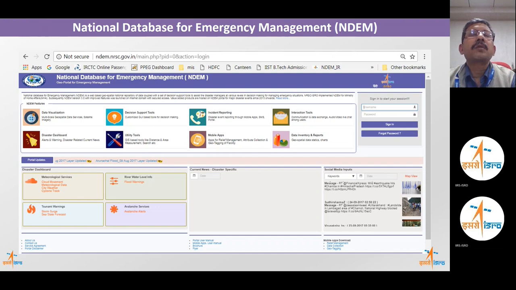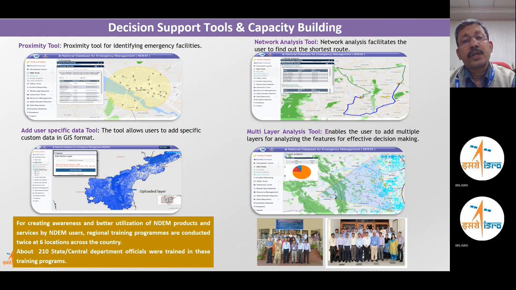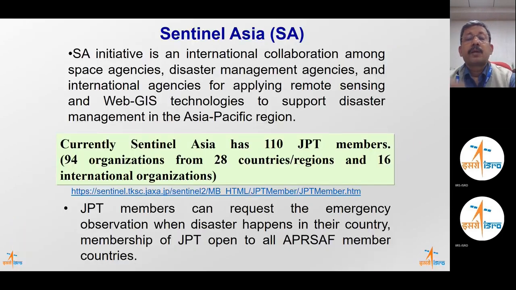You name any spatial data which is available, it has to be there in the NDEM. It is used for effective disaster response through various decision support tools, like proximity tools, network analysis tools, or multi-layer analysis tools, and users can even use specific data tools.